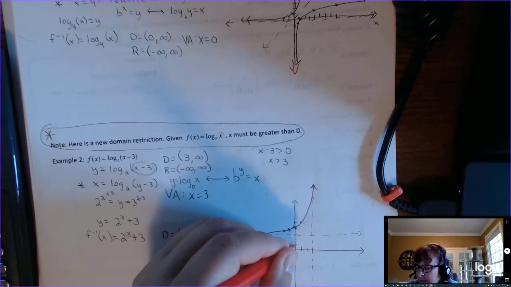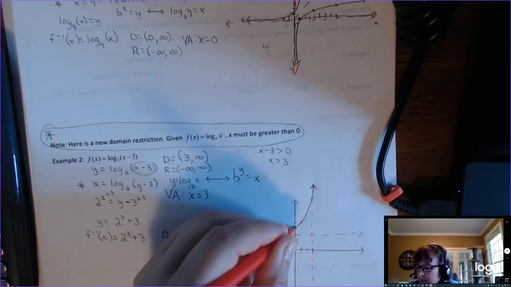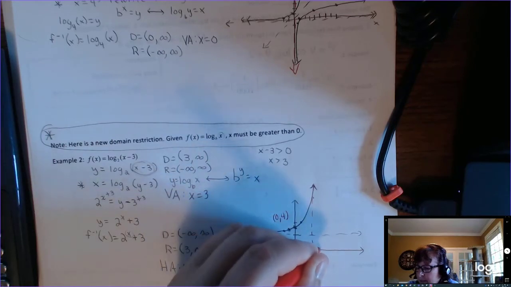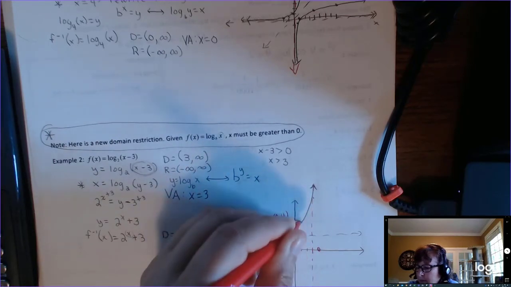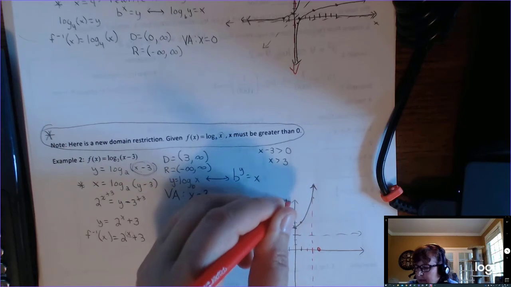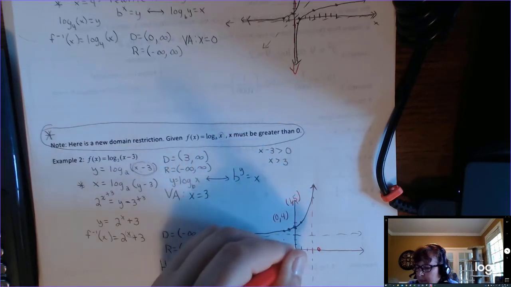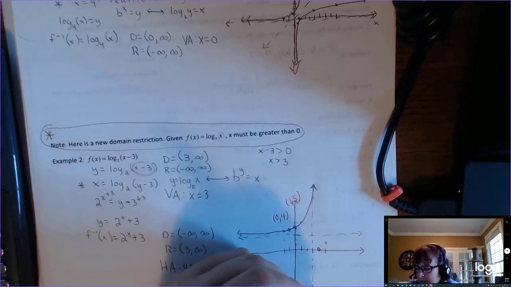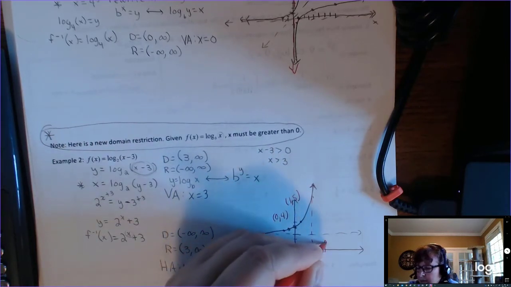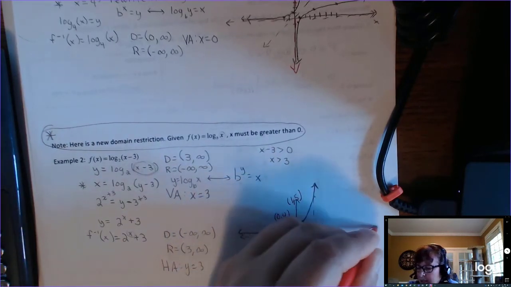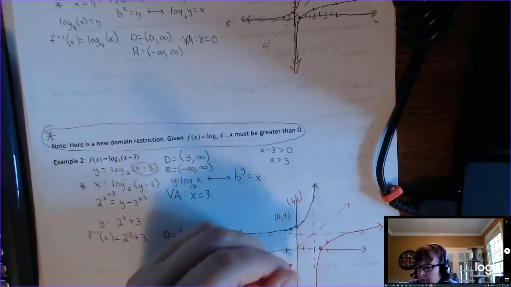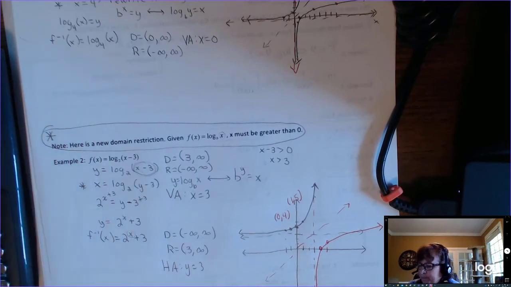So if I've got an ordered pair of (0, 4), then I'm going to have (4, 0). And if I have an ordered pair for this exponential of (1, 5), then I'm going to have an ordered pair of (5, 1) for this log. And I know the behavior. I know it's going to hug that vertical asymptote and get bigger and bigger and bigger. And it does look symmetrical about the line y equals x.